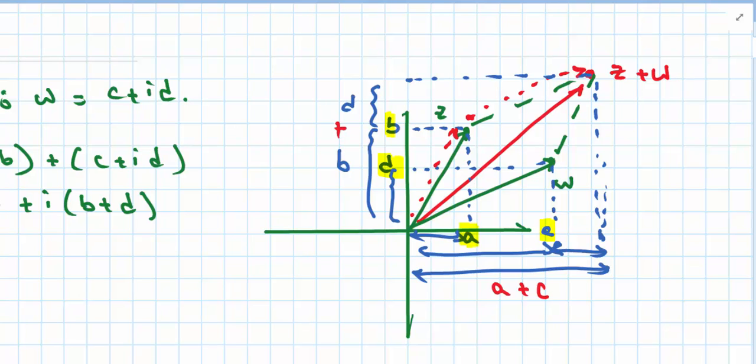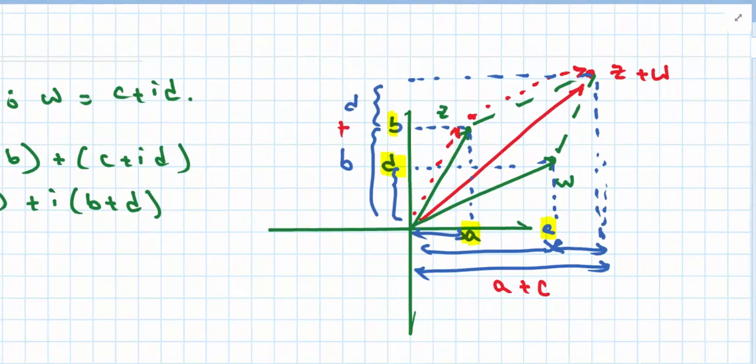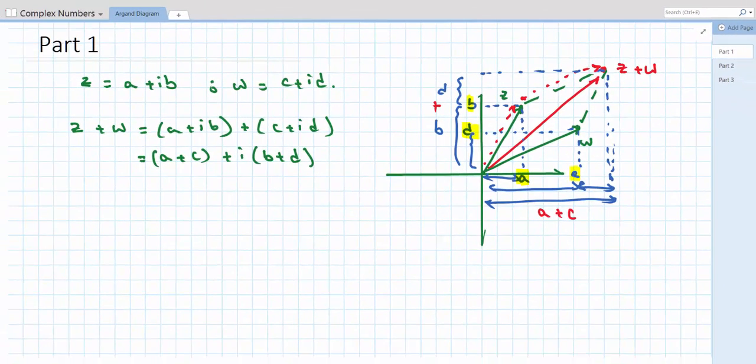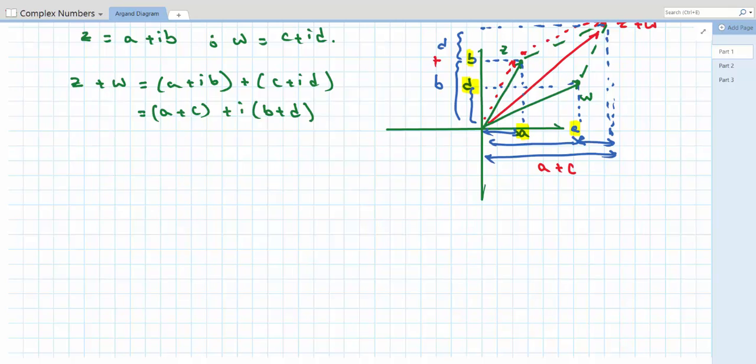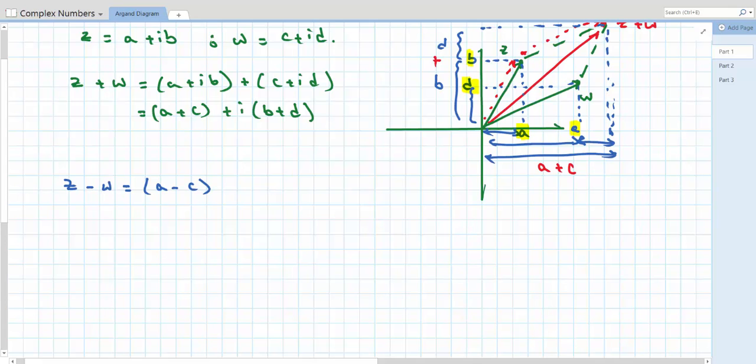So that's addition. What about subtraction? Now subtraction seems a bit confusing, but if we go back to our algebraic format of how this works, you can see that we'll end up with a minus c plus i times b minus d.